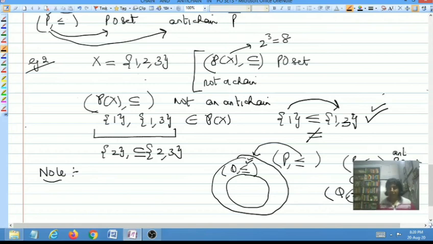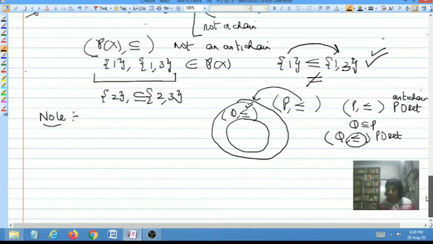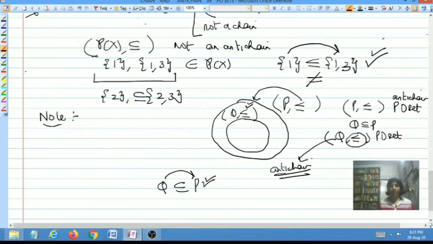but if (P, ≤) is an anti-chain, then (Q, ≤) will also be an anti-chain. Why will it be an anti-chain? Because the elements of Q are the elements of P, as Q is contained in P. So whatever properties the elements of P are satisfying, the same properties the elements of Q are satisfying, because the order is the same.